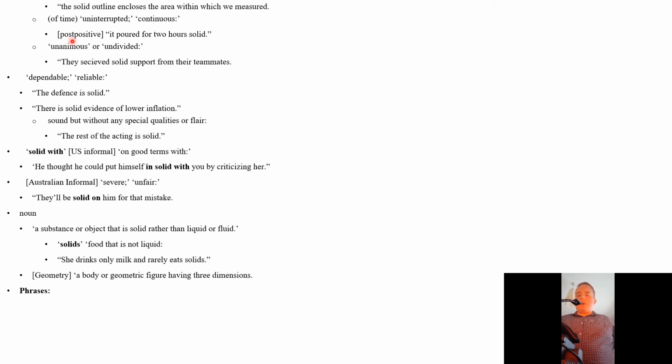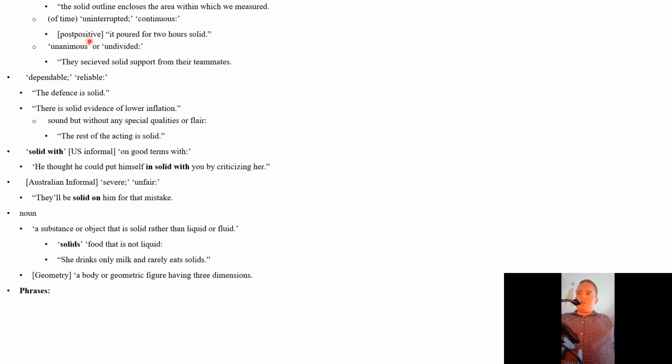Now, this is a grammatical term that we will come up with in both learning Greek and Latin. A post-positive is never the first word of a sentence. And we have the word here post, which means after.